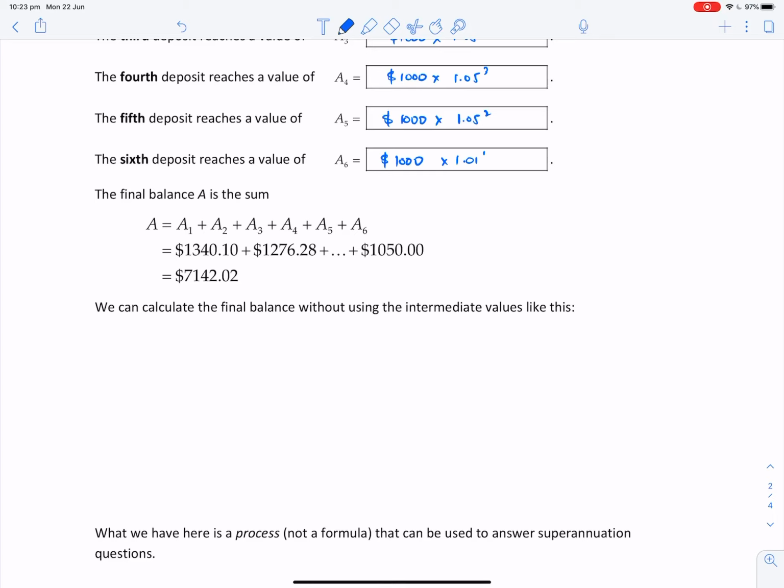So we have $1,000 times 1.05 to the 6 plus $1,000 times 1.05 to the 5 plus, and so on.